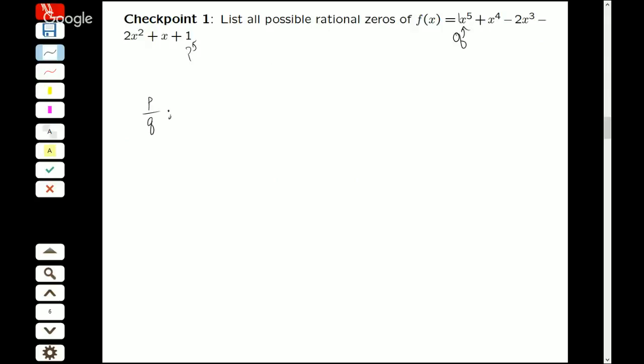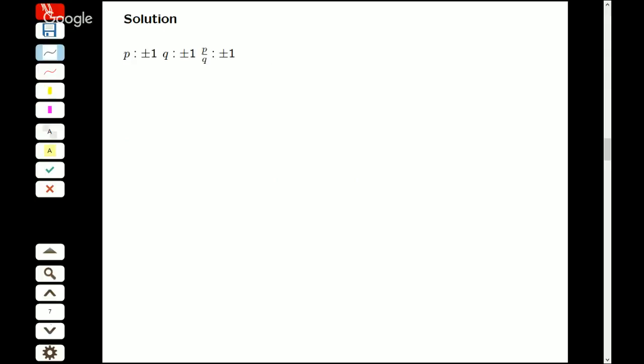Plus minus 1, and what are the factors for Q? And what are your options for P over Q? I can't give you an easier problem than that. Is that what we all got? Yeah. It does not get easier than that. It only gets harder than that.